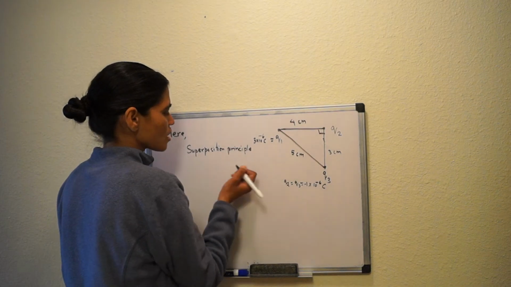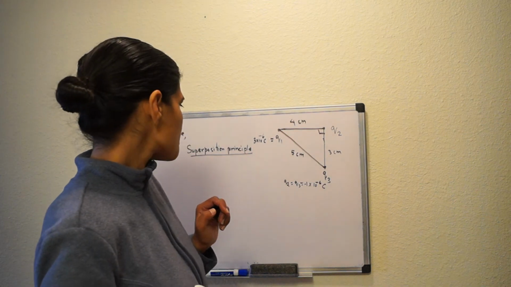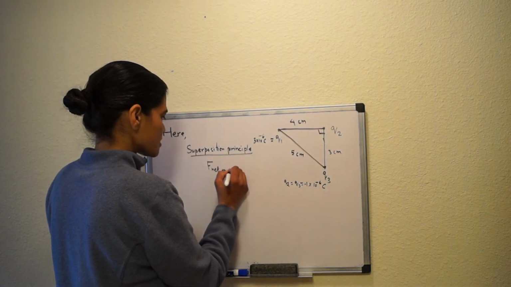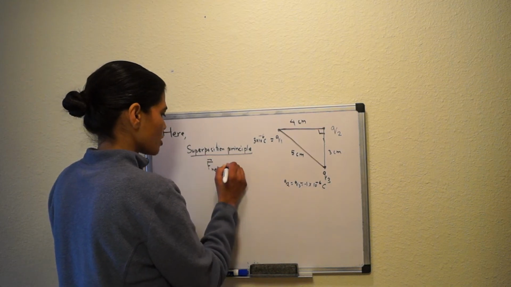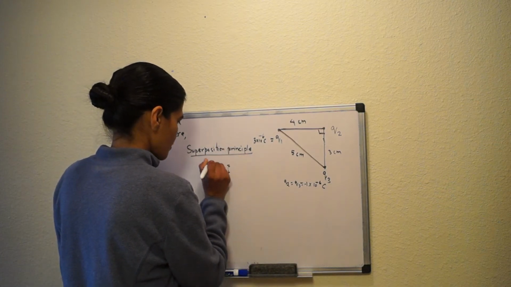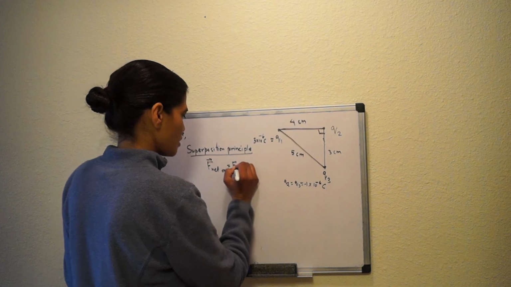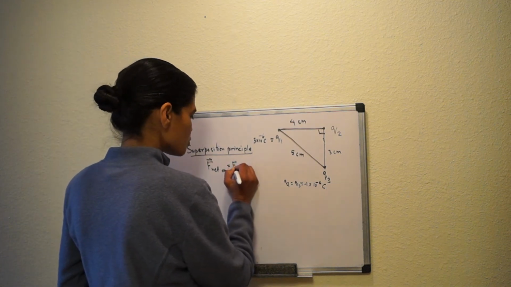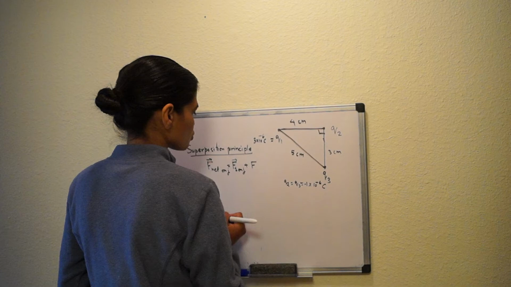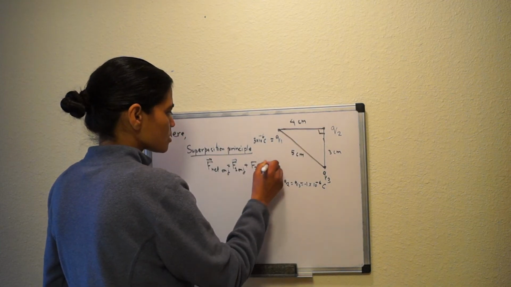You may have encountered this when doing problems in Newton's laws. The superposition principle tells us that the net force F on some charge J is given as the force due to charge 1 on J, plus force due to charge 2 on J, and so on.